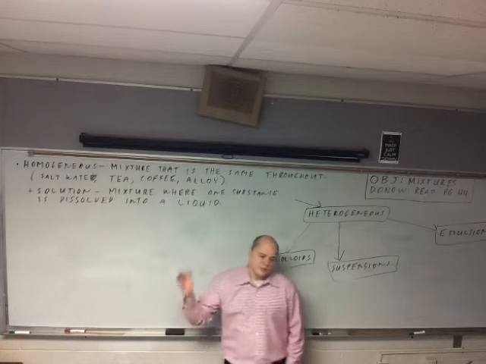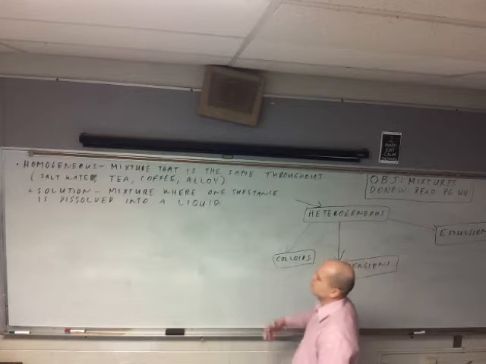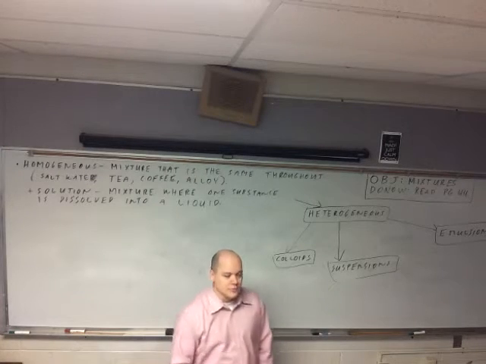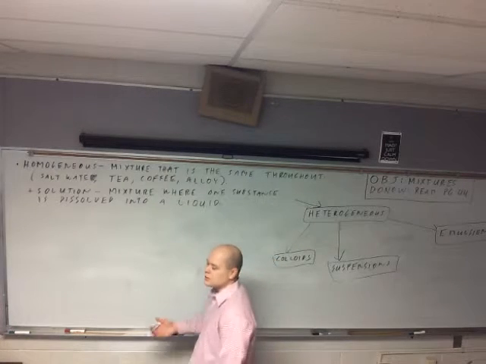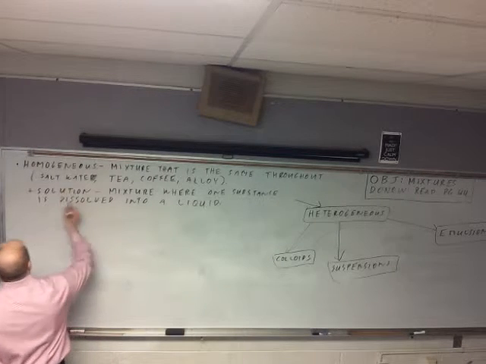And again, this isn't the perfect book definition, but this is the definition that makes sense for what we do in this class, because that's basically what you see for solutions, stuff dissolved in water, which is a lot of what we use in chemistry, chemicals dissolved in water. All right, so that's it for homogeneous.